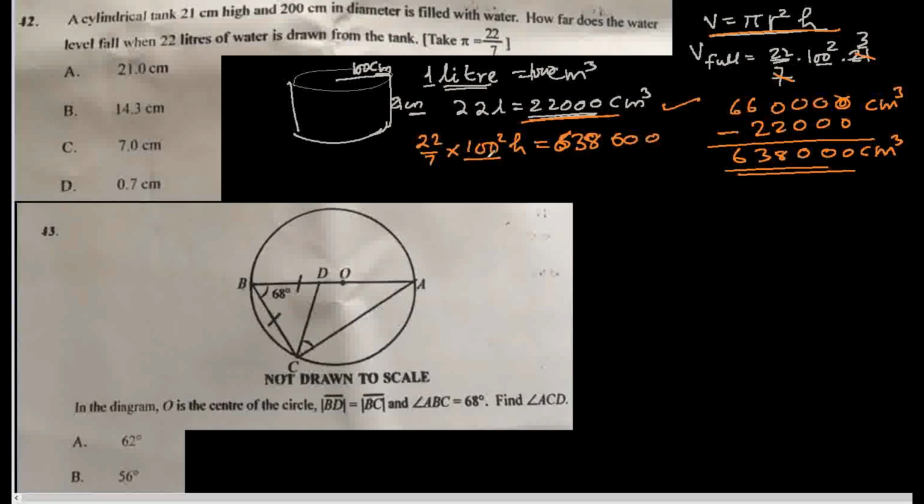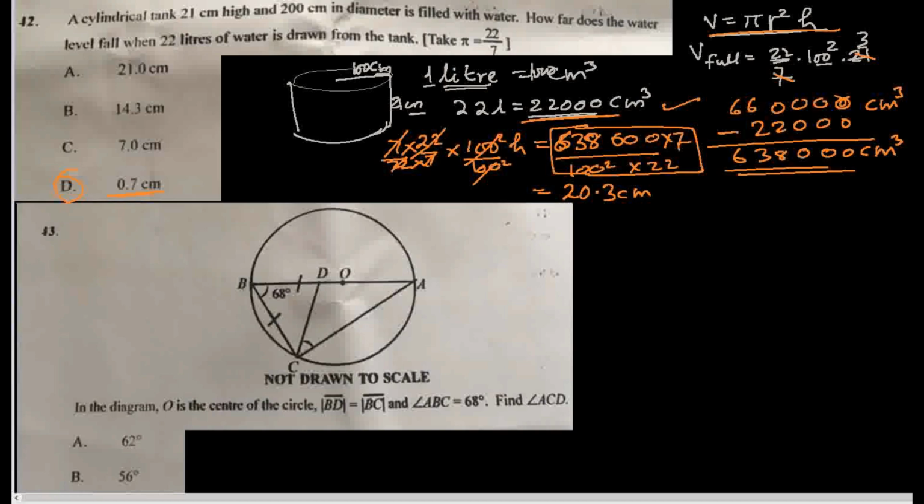So divide by 100 square, multiply by 7, and divide by 22, so that this 7 cancels, 22 cancels. I will just put this in my calculator and I'll get the new height. After using my calculator, I got 20.3 centimeters is the new height. That means the height has decreased by 0.7 centimeter, because it was 21 earlier. Now it is 20.3, which is 0.7 centimeters down.